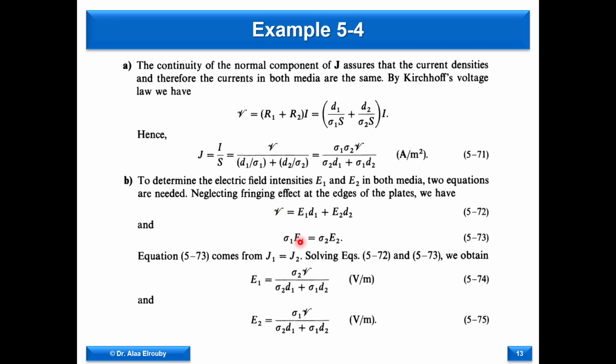From the boundary condition of continuity of the normal component of the current density, current density 1 is sigma 1 E1 and current density 2 is sigma 2 E2. So we have those two equations. We can substitute E2 with sigma 1 E1 divided by sigma 2, and now we can find the value for E1.